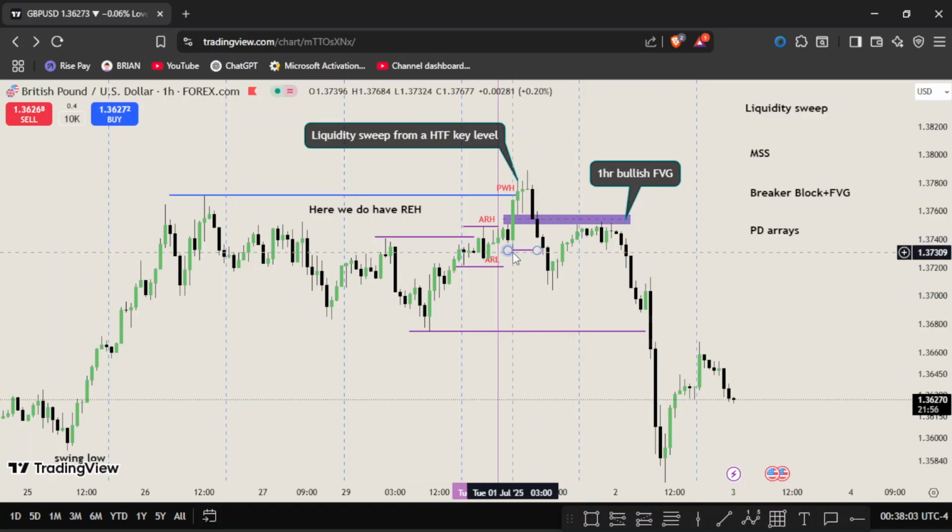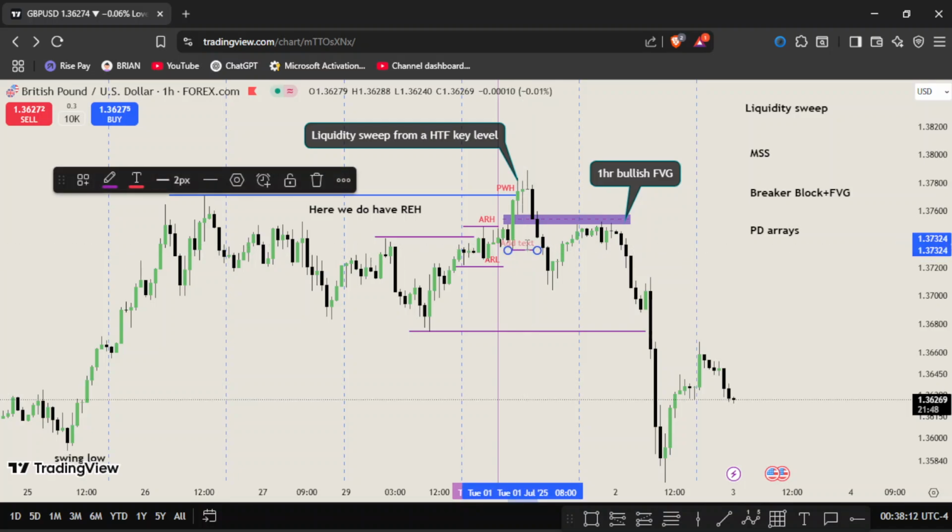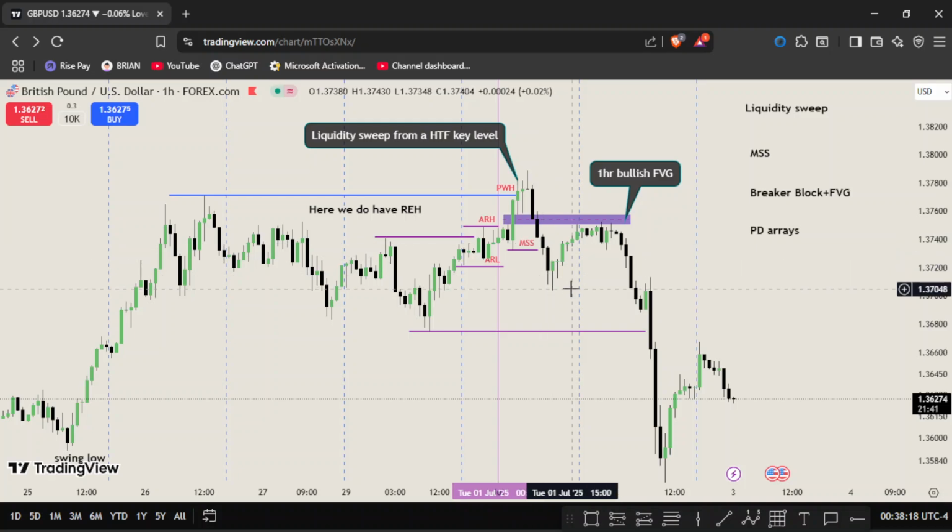Has price closed below this swing low? It has, and it has closed below this swing low. So what does this make it? We've had a market structure shift, meaning we've broken below a swing low and price has closed below that swing low. So what will this signify?